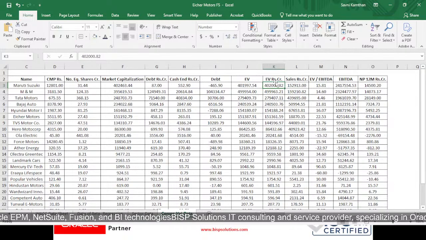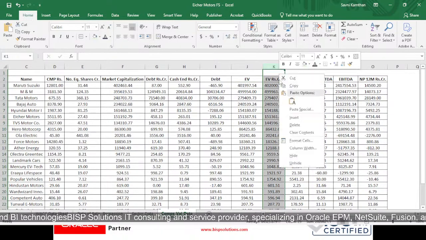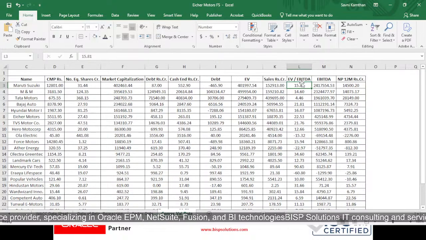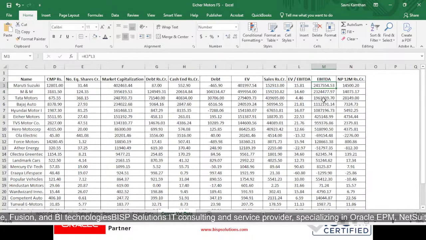Now our EV in crore is the same as what we have calculated, so we can just remove this, right? Then sales in rupees crores is the same as copy pasted from screener.in. Now we got our EV upon EBITDA. To calculate my EBITDA, I took my sales into EV upon EBITDA, and I get my EBITDA as this.